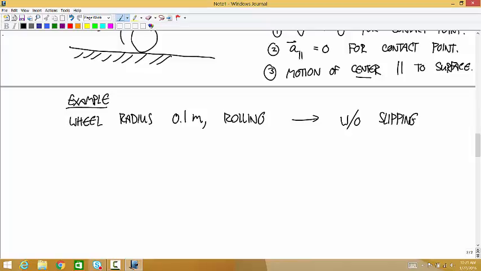And so let's say that we know that the angular velocity is equal to 2 radians per second.